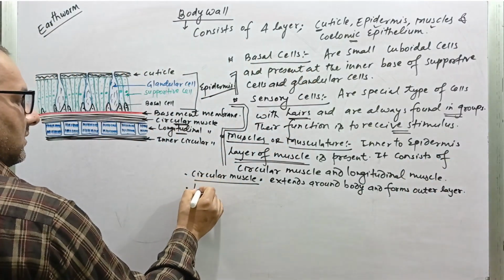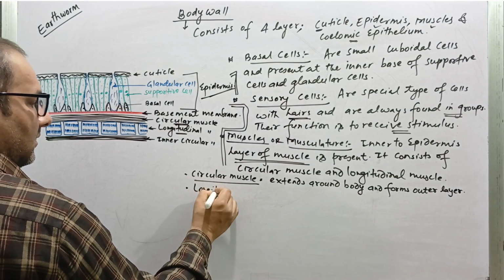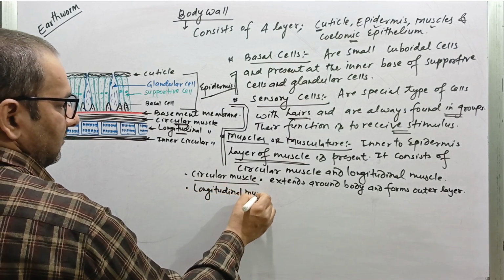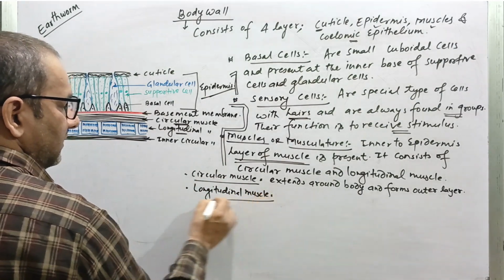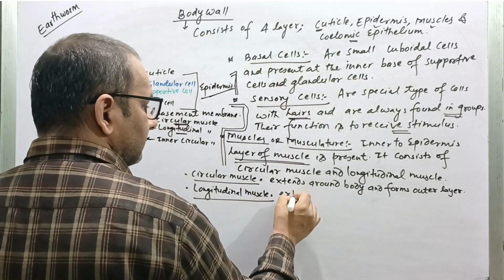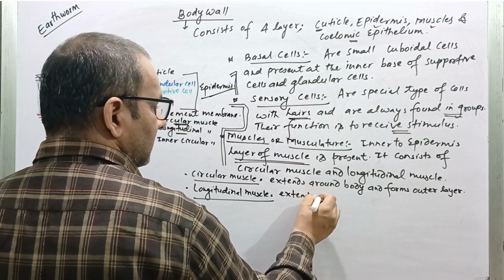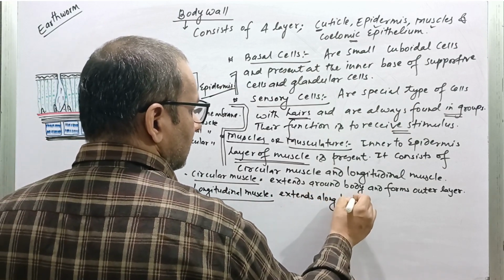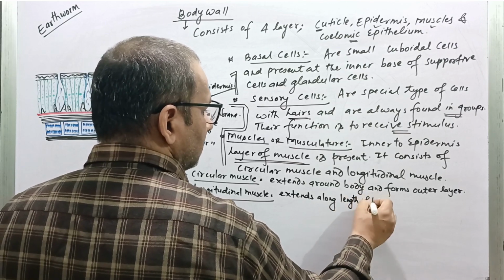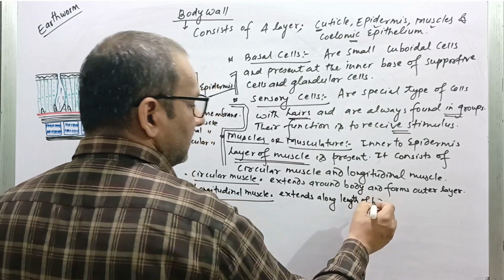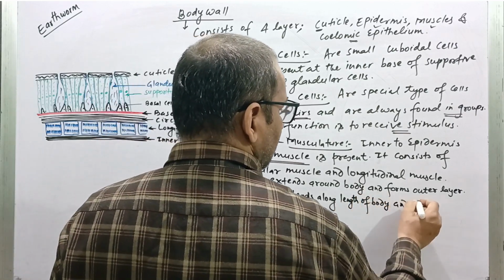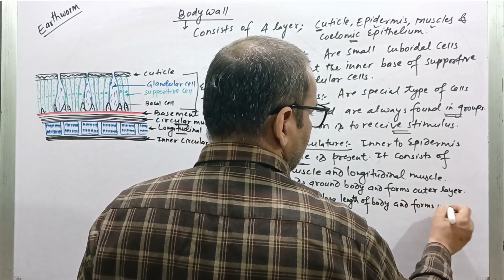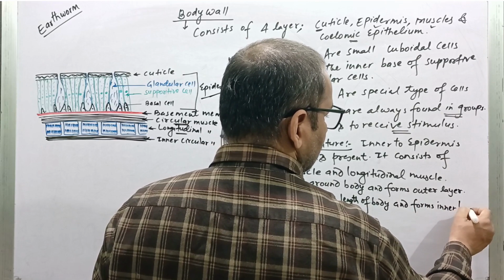The longitudinal muscle extends along the length of the body and forms the inner layer.